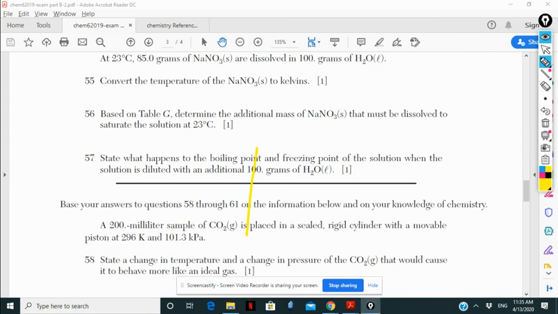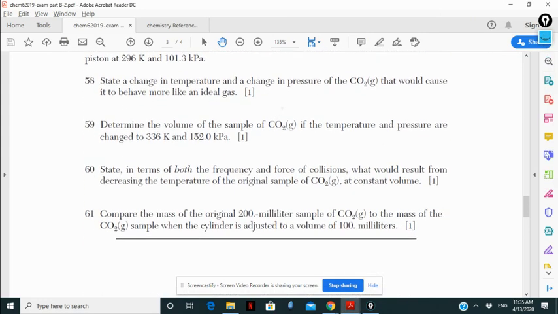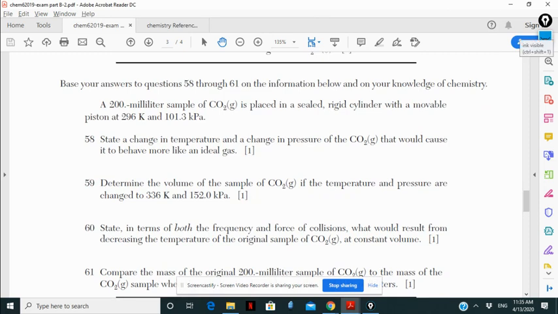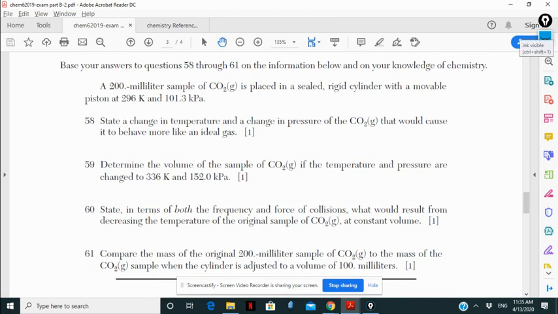Question number 58 through 61. They're talking about a 200 milliliter sample of carbon dioxide placed in a sealed rigid cylinder with a movable piston at 296 Kelvin and 101.3 kilopascals.